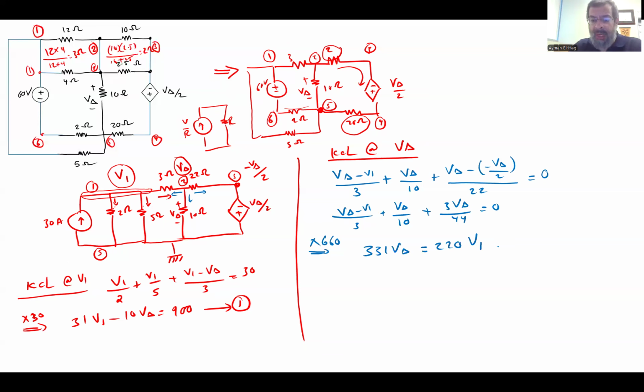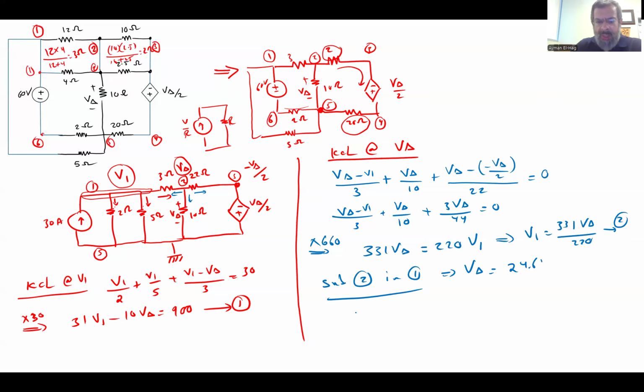Okay, and from this you can say that V1 is equal to 331 V delta divided by 220. So this is equation number 2. Substitute 2 in 1 and then solve. Then you will find that your V delta is equal to 24.6 volts, and V1, when you substitute in this equation, will be equal to 37 volts.